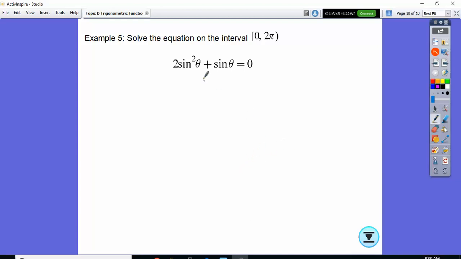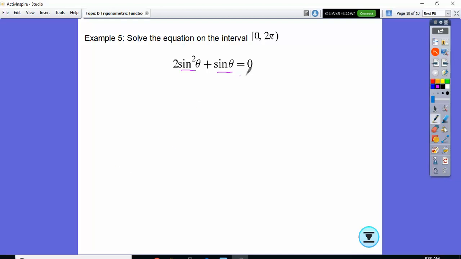First we have to get the sine by itself. I have it in 2 places, so what am I going to do? What's the very first review topic we did? That very first day we had a handout, you had to work with groups.